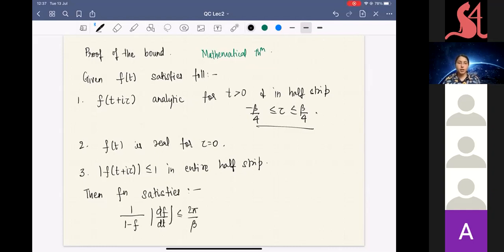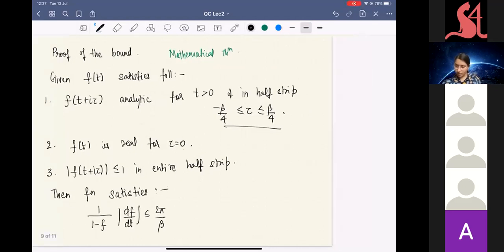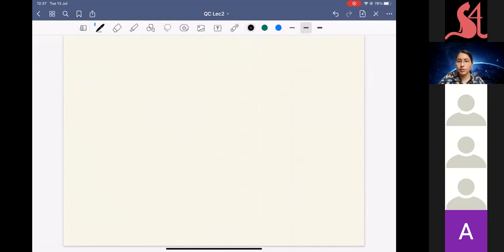We make use of this theorem to prove that there is a bound on the Lyapunov exponent. You just saw that the OTOC was of the following form. I'm denoting by epsilon all the quantities we got which were proportional to 1 over C. So we got a coefficient in the OTOC proportional to 1 over C, and in the large C limit that becomes a small quantity.